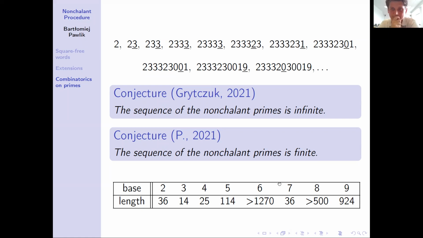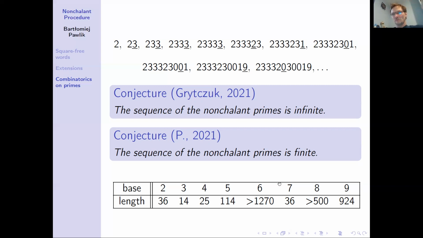Okay. If you consider this problem, then the more digits you have in your positional system, probably the more degrees of freedom you have, and it can happen that at some point it would be enough to get infinitely many numbers. This is what came to my mind when I looked at this.